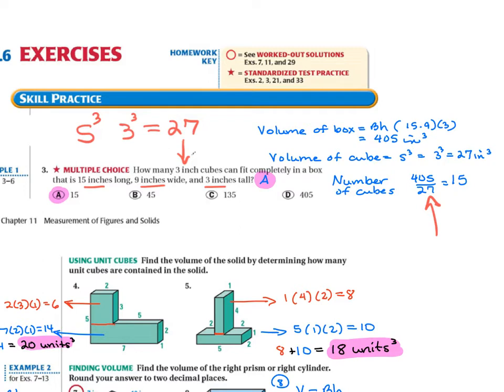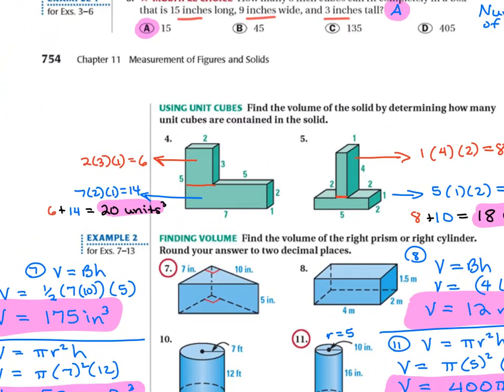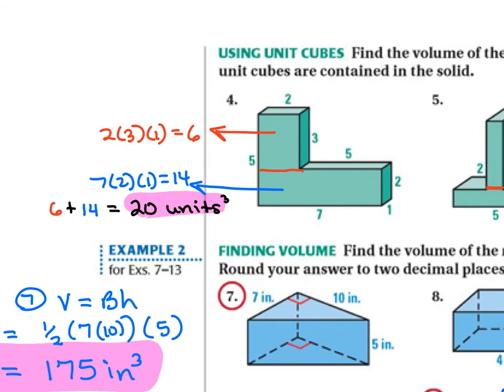Then number 4 and 5, these are sort of like our complex figures, where I need to split it up into smaller shapes. So for number 4, I'm going to take care of the volume of this first rectangular prism up top here, and then I'll do this one over here.